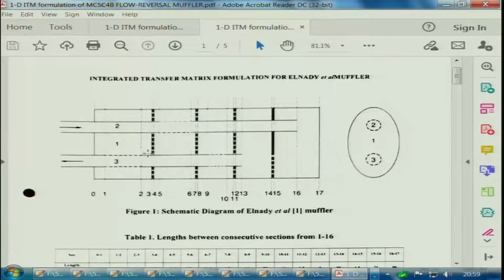Whatever the ITM method can do, the same thing can be accomplished by the network analysis we presented in the beginning of this lecture: derive some characterization matrix representation, transfer matrix, impedance matrix, or whatever it is, for a given muffler element, then apply junction laws and express all the variables in terms of a few unknown variables, and then take out a chunk of that matrix to get the overall transfer matrix or impedance matrix depending on the situation.